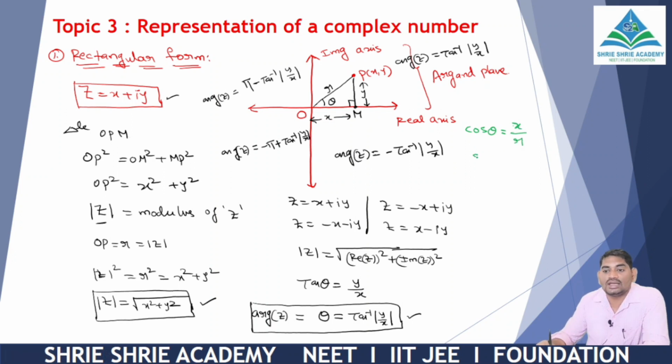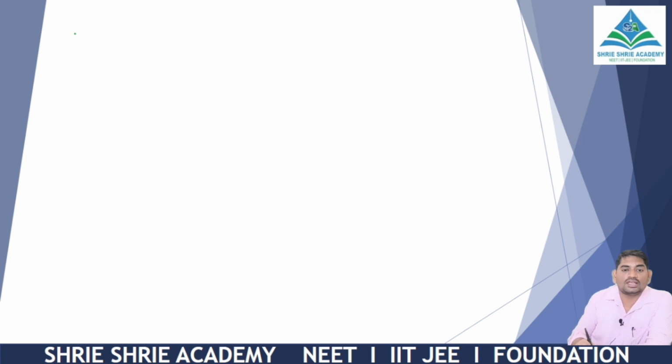And sin theta is equal to opposite side divided by hypotenuse, y by r. So from the right angle triangle OPM, cos theta is equal to x by r and sin theta is equal to y by r.